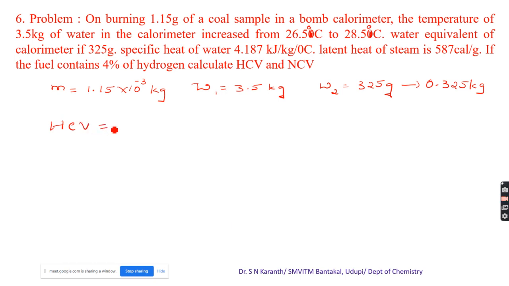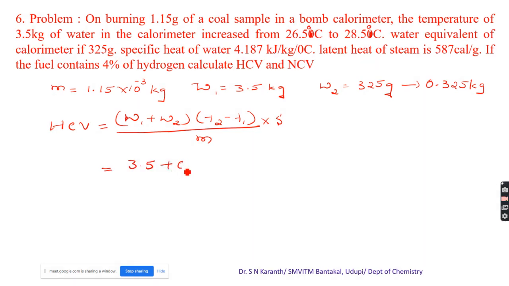HCV is (W1 + W2) × (T2 − T1) / M × S. W1 is 3.5 plus 0.325. The rise in temperature you observe is 26, 27, 28.